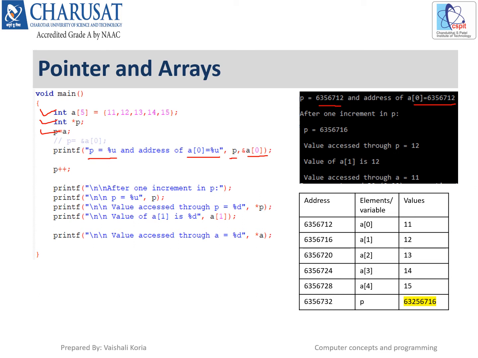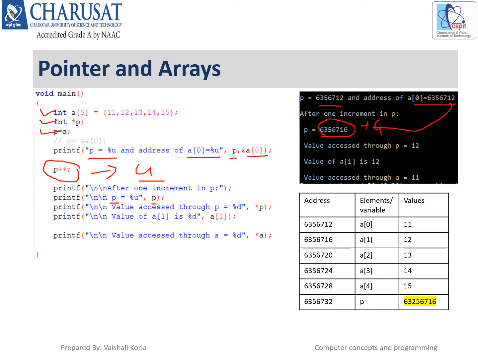Okay, now we are incrementing the pointer variable, p plus plus. We had already discussed in the previous slides that a pointer variable is always incremented by the size of the data type that it points to. So p is pointing to an integer, so this p plus plus will increment it by 4. Okay, so after one increment, if you print the value of this pointer variable, then it would be 6356716. It is incremented by 4.